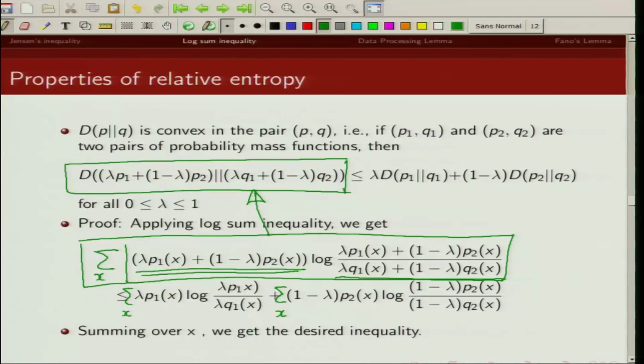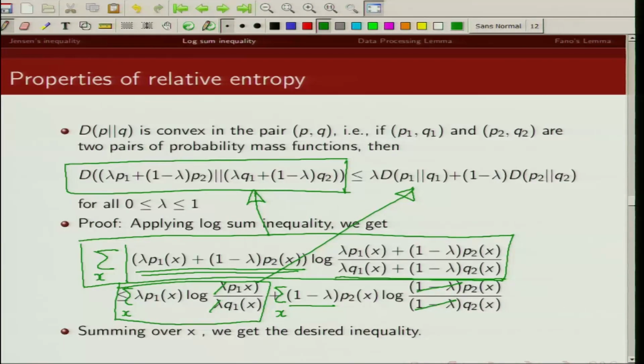What about this? This is lambda p1x log of this, and lambda cancels out. So this is lambda times the sum over x of p1x log p1x by q1x. This quantity is lambda times the divergence between p1 and q1. What about the second quantity? It is 1 minus lambda times p2x log of this, and 1 minus lambda cancels out.